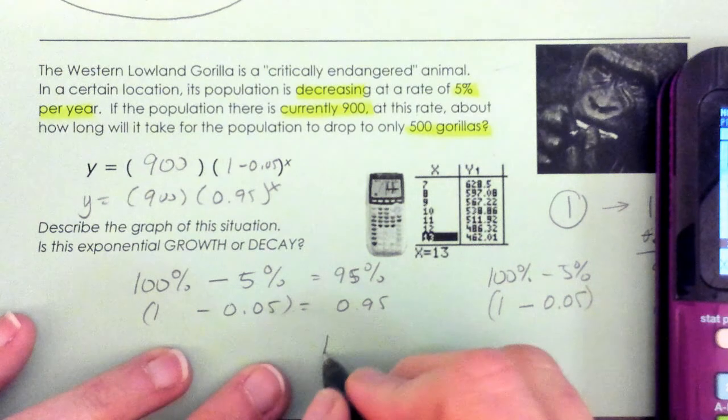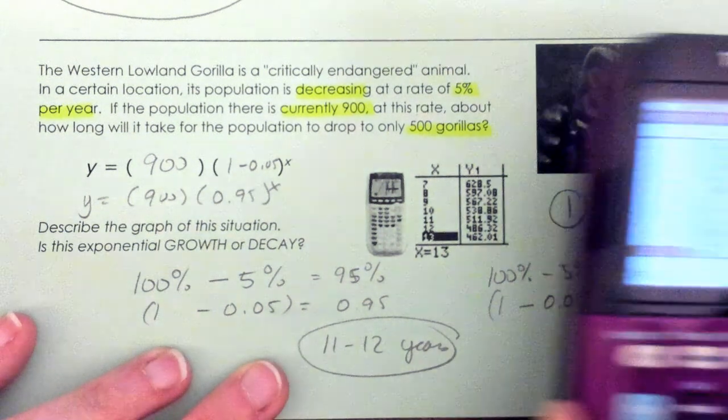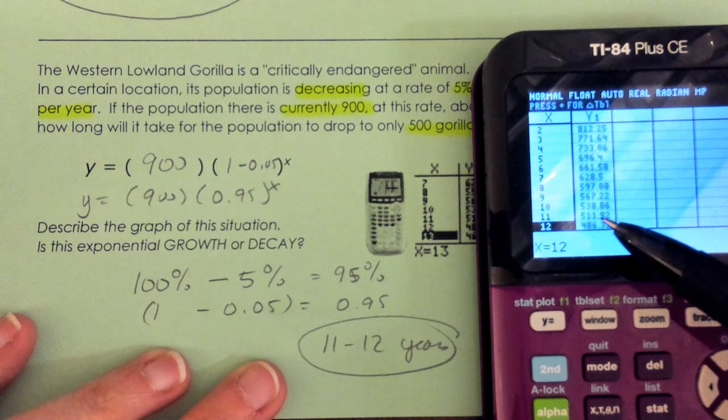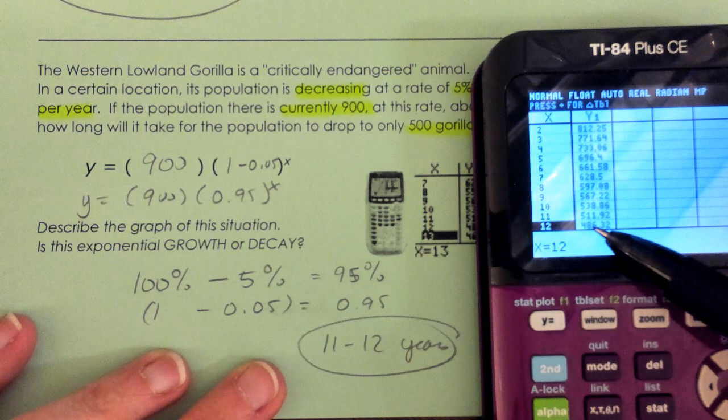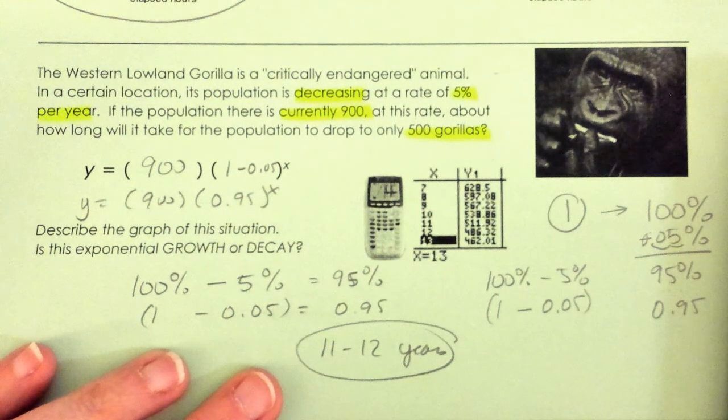So based on looking at this table, in 11 to 12 years, I'll go below 500. In 11 years I'll have about 500, and in 12 years I'll go below 500. So like 11 and a half years or so, I'll have only 500 gorillas left in this western lowlands area.